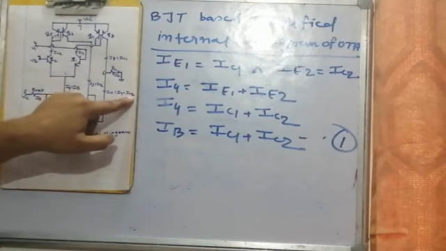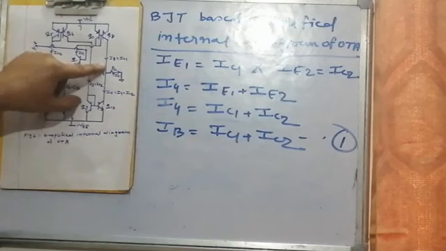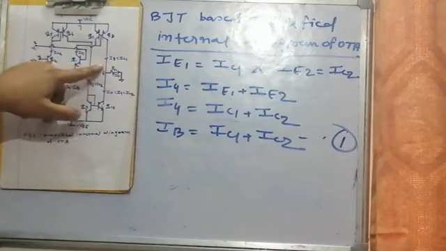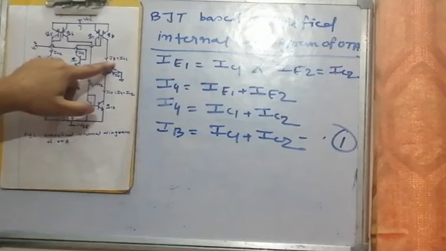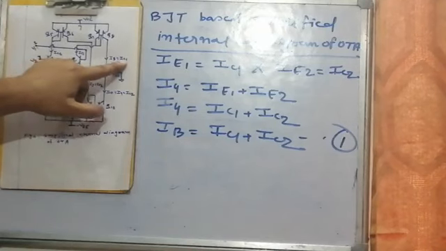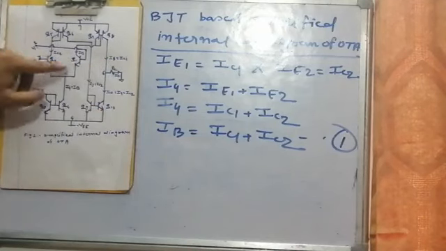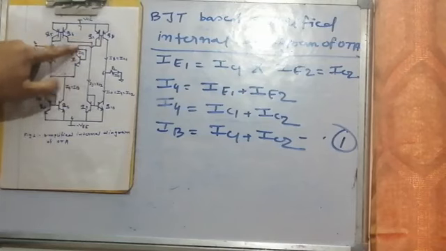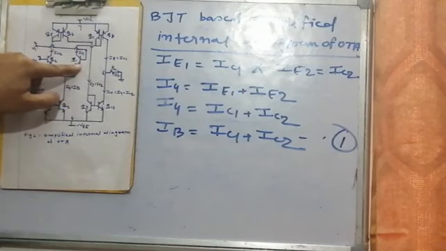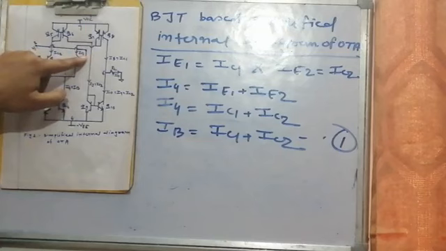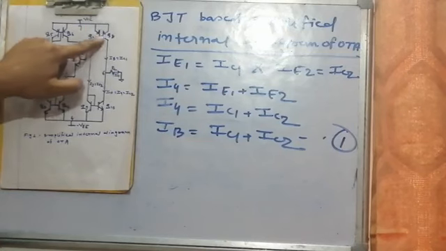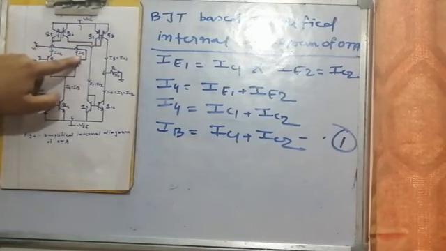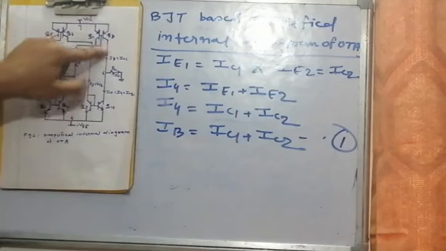And in the same way we can find the value of current I8. The value of current I8 is equal to IC1, because this is connected to transistor Q1, and from the concept of current mirror, if the value of current in this branch is IC1, it means the same current will flow in this branch.